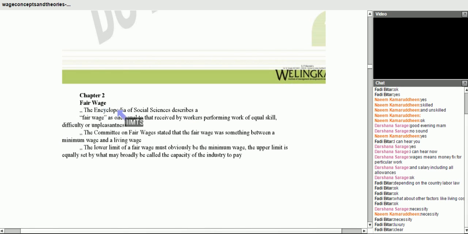Now next is fair wages. Fair wages are defined as those equal to that received by workers performing work of equal skill, difficulty or unpleasantness. It is something between the minimum wage and a living wage. It's fair wages, the wages based on your skills.